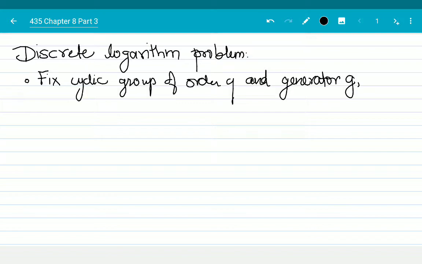In that case, if it is the generator, we know that every element is of the form g to the x.